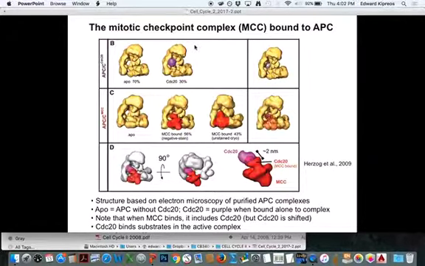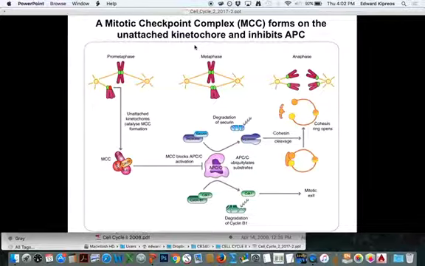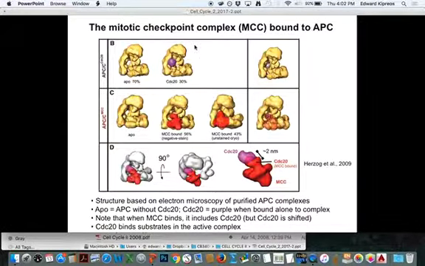And it binds it. So then you could ask yourself, well, what happens when this one finally gets attached and then lined up? How is it going to work? All the APC are inhibited, right? They're all inhibited. So how's it going to work? Okay, so it turns out that CDC20 normally binds substrates, and then the substrates get ubiquitinated. Well, APC sort of thinks of this thing as a substrate, and it gets bound here, and then gets ubiquitinated, and then degraded.